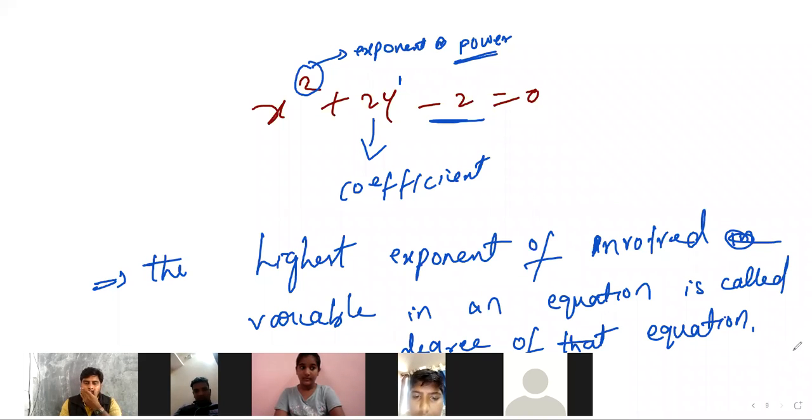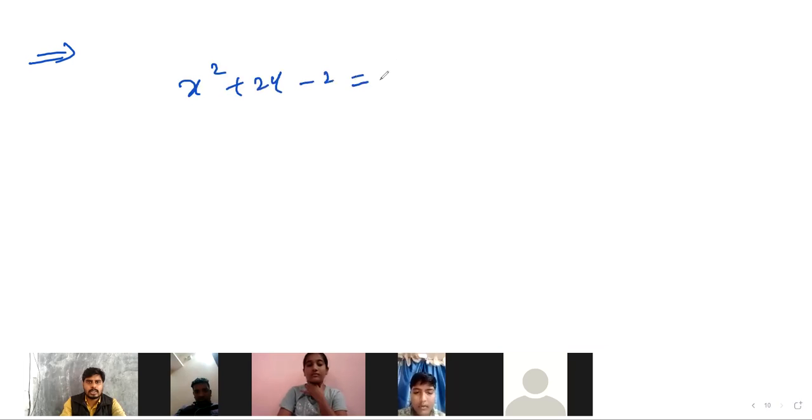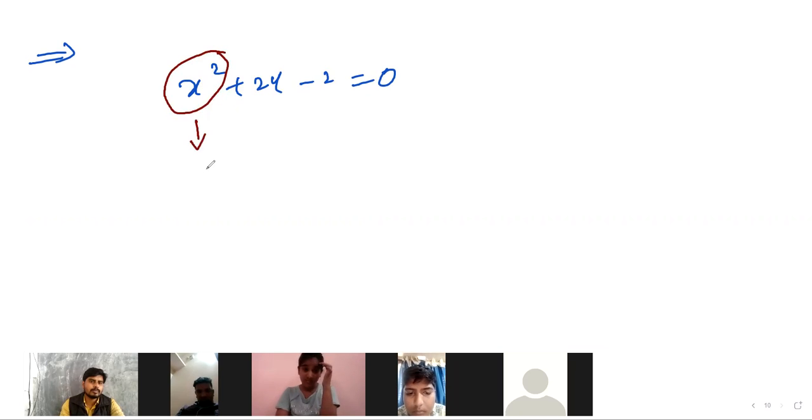See, suppose I take x square plus 2y minus 2 is equals to 0. Here we shall discuss degree term-wise. For this first term, what is the degree? 2 is the degree because the variable has 2 as the exponent.